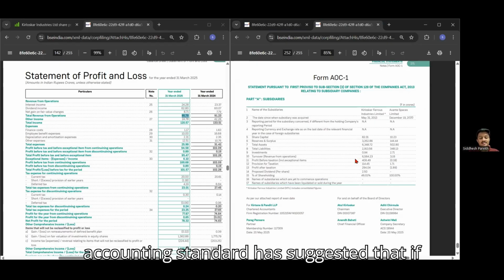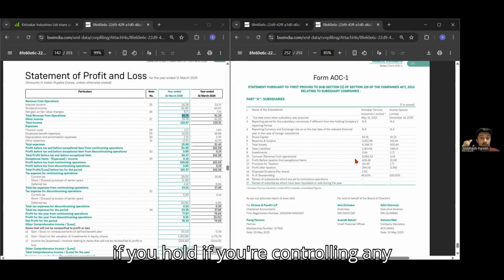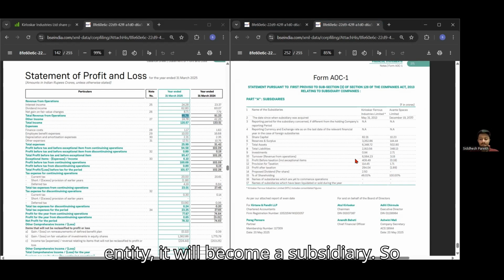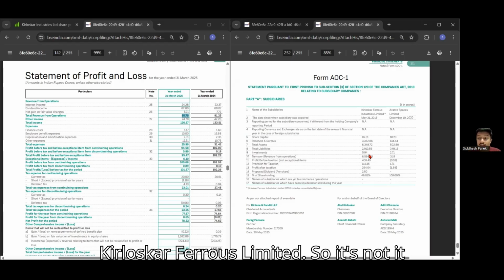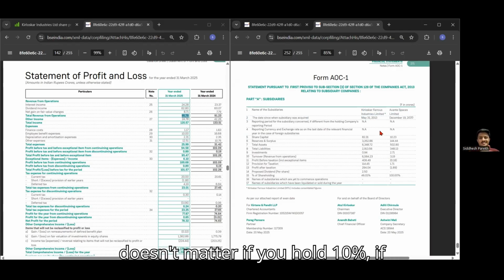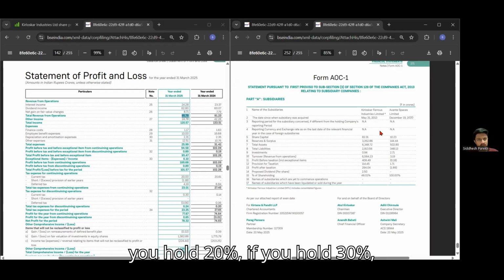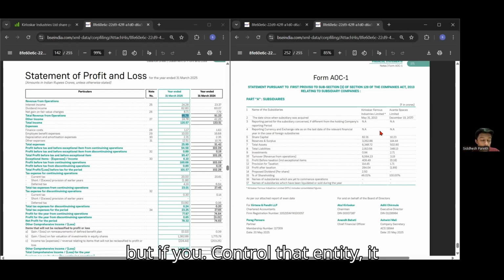An accounting standard says that if you are controlling any entity, it becomes a subsidiary. So Kirloskar Industries is controlling Kirloskar Ferrous Limited. It doesn't matter if you hold 10%, 20% or 30%, if you control that entity, it becomes a subsidiary.